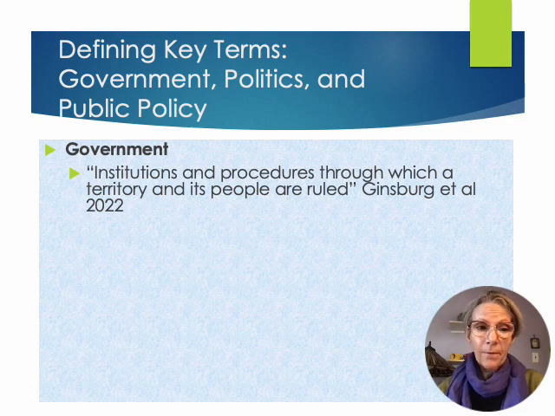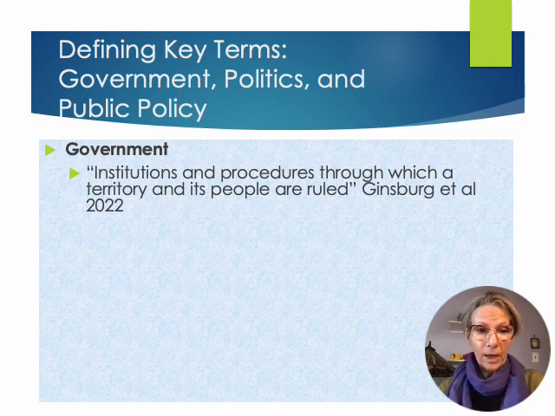What I also like about this is that it's not telling us anything about what type of government it is. It's just simply saying that any government is an entity that has institutions and known procedures and it governs over people.